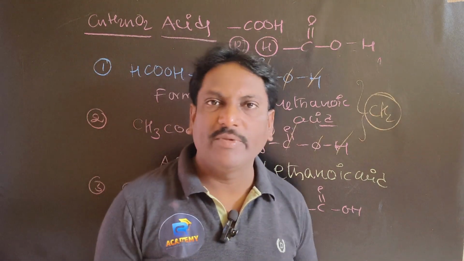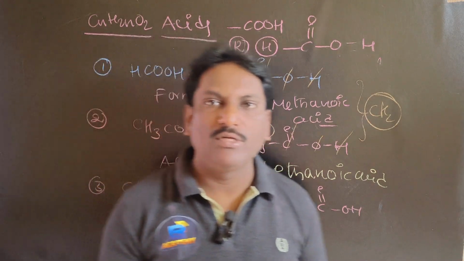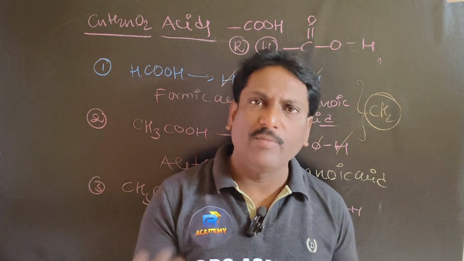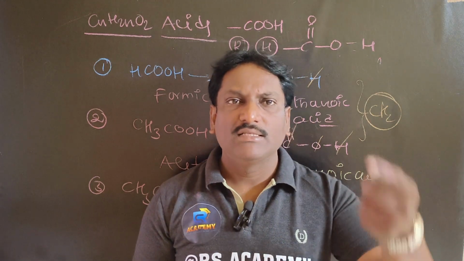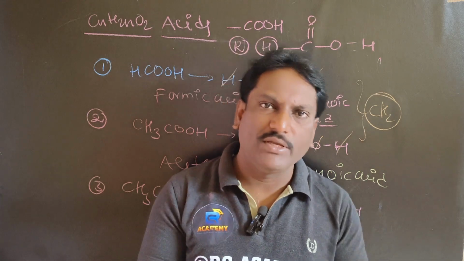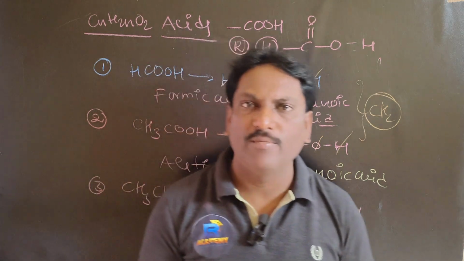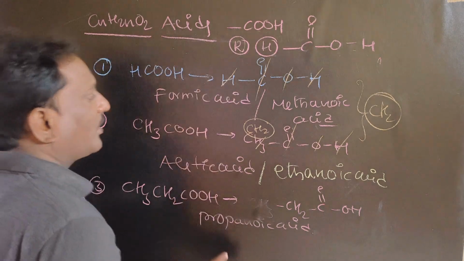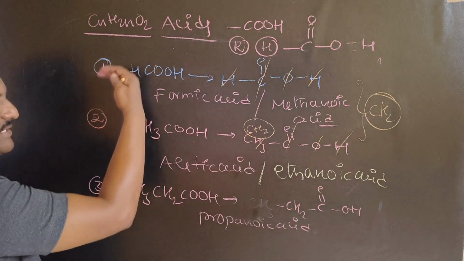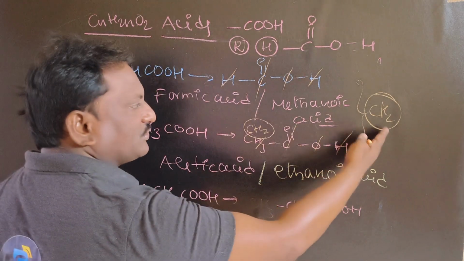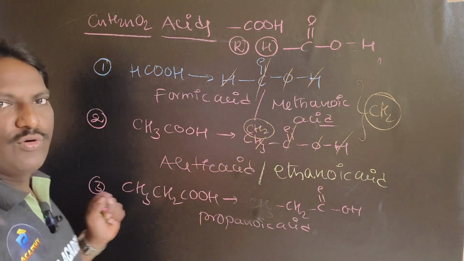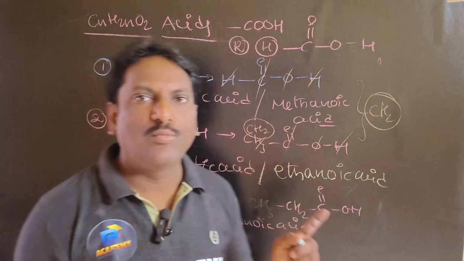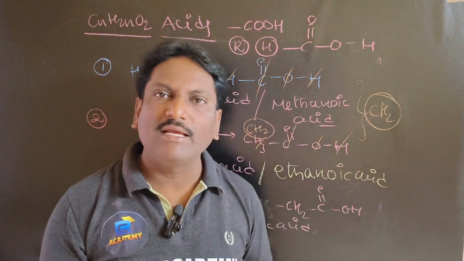Homologous series means a group of organic compounds having the same general formula, same functional group, and same chemical properties as well, but successive compounds differ by a CH2 group, or 14 grams by mass. So in case of carboxylic acids, the difference between the first and second member is CH2. That's why this is considered a homologous series. These are a few examples of the homologous series of carboxylic acids.